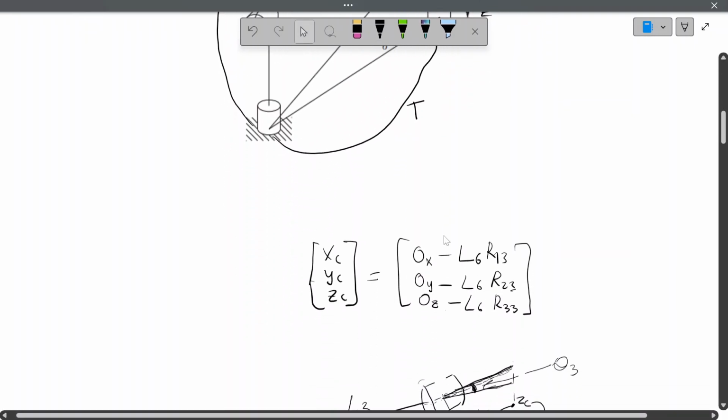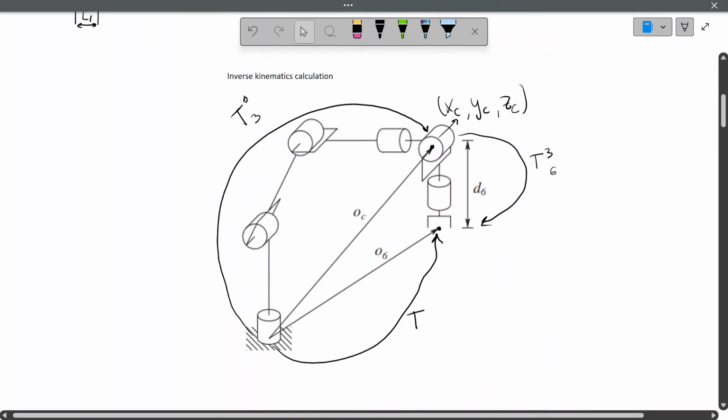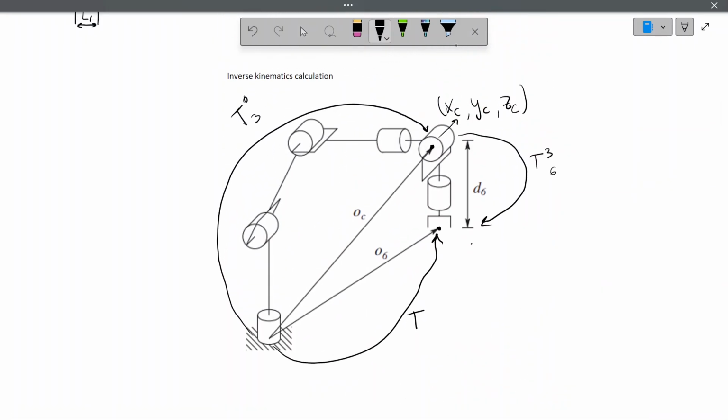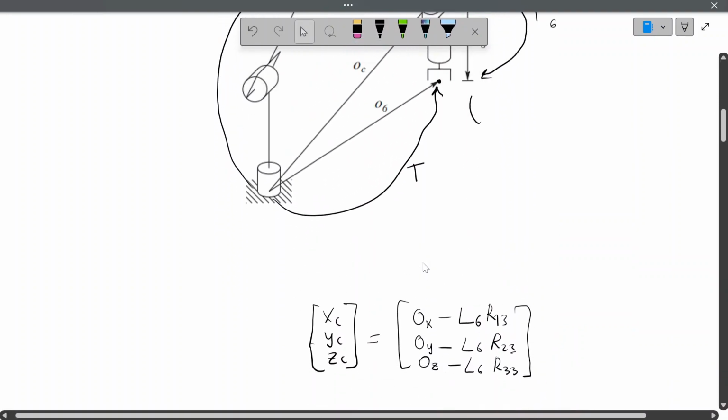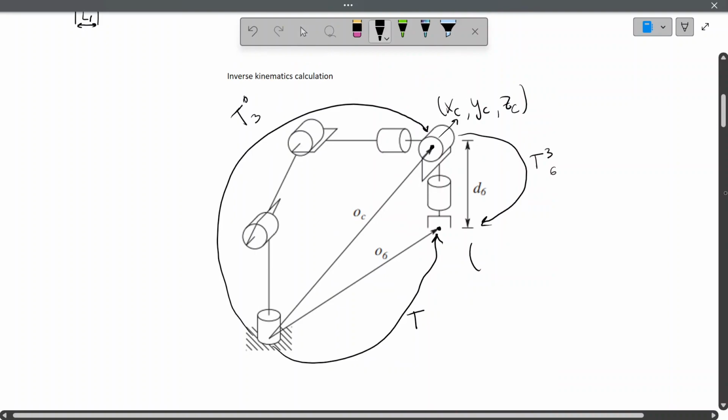Here we have the given coordinates, X, Y, Z. So it's these coordinates. This coordinate is given for us, and also the rotation here is given to us.